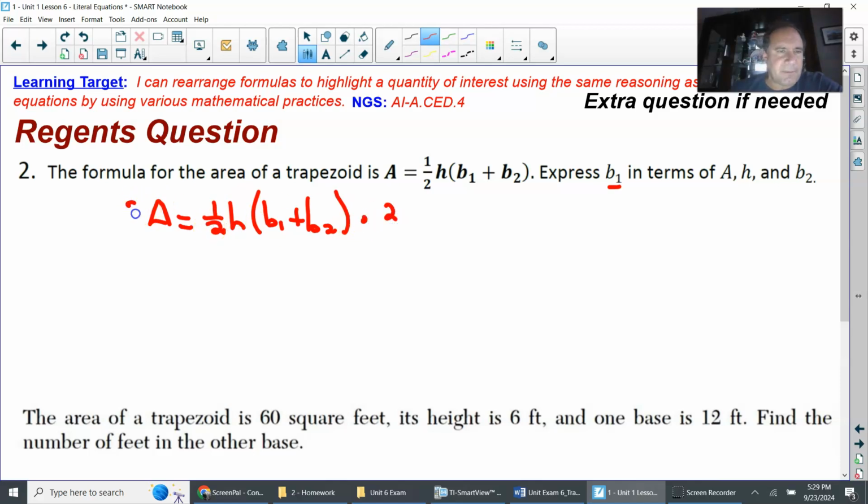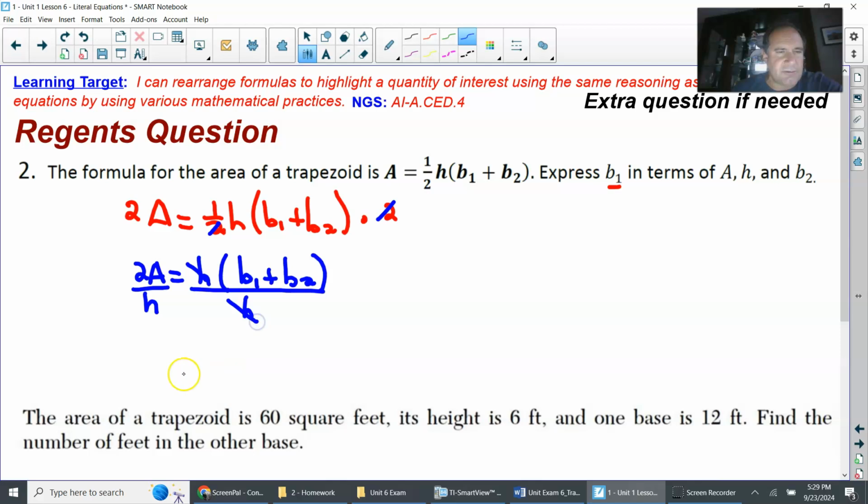Multiply by 2 and we're going to cancel that out. Makes it a lot easier. 2A equals H times B sub 1 plus B sub 2. Do not distribute. Divide by H on both sides. This cancels. This cancels.